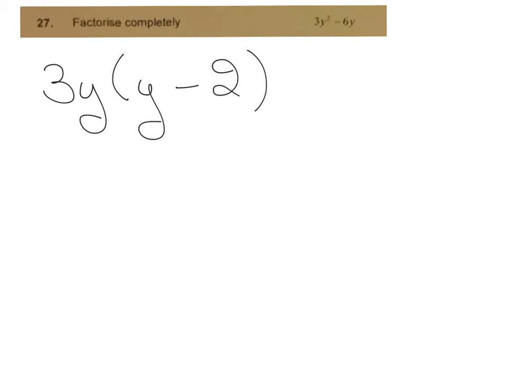So my common factor that I'm going to pull out is 3y. Put in the brackets. So 3y times something gives me 3y squared. That's got to be y minus, and 3y multiplied by something gives me 6y. That has to be 2. Done.